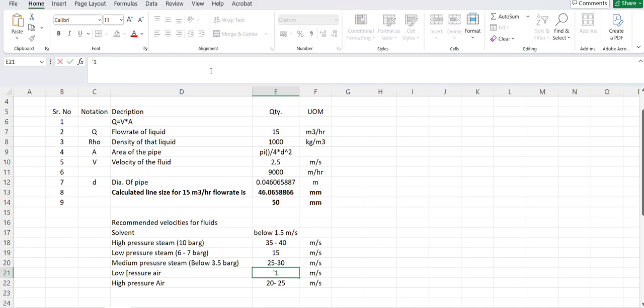Here 10 to 15. I hope you get the clarity about how to select the line sizing based on the velocity. In the next series, we will try to cover some basic example of the line sizing calculation for a particular reactor.